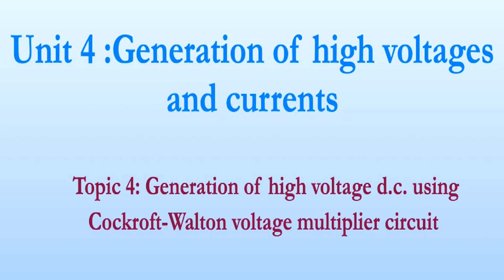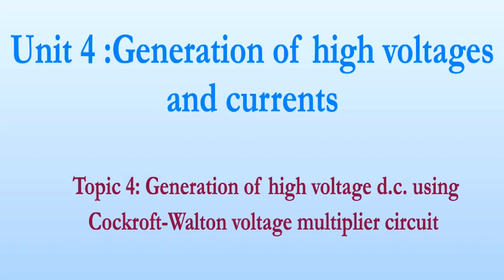For this semester, I am handling high voltage engineering for you. In this video lecture, we are going to see about generation of high voltages and current, which is unit 4.